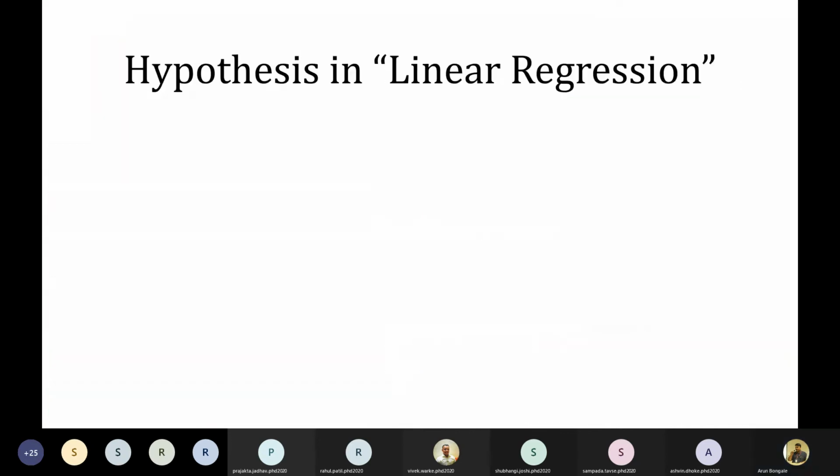Now, one important category in hypothesis testing is linear regression. How do we carry out hypothesis testing for linear regression, where the parameter of interest is linear regression?